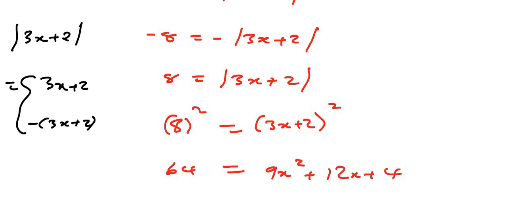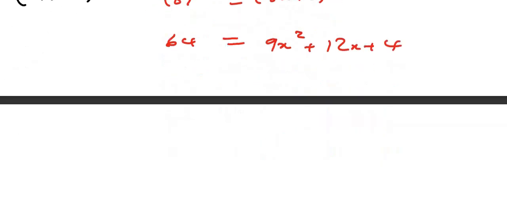So you can solve this is equal to 8, and this is equal to 8, and you get your answer. It's the same thing as what we are doing here. We are squaring both sides to replace the modulus symbols, because how else can you remove the bars? You cannot just ignore the bars. So to replace the bars without changing the meaning, that's the reason why we are squaring both sides.